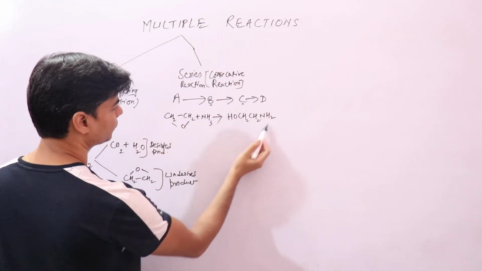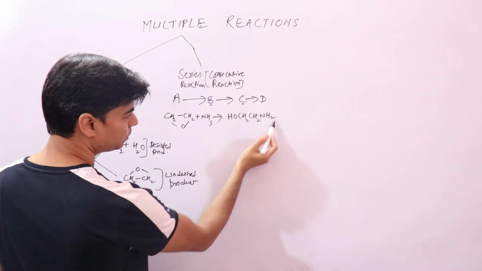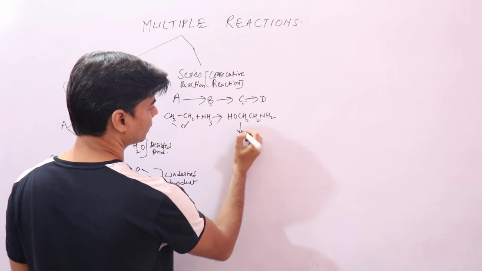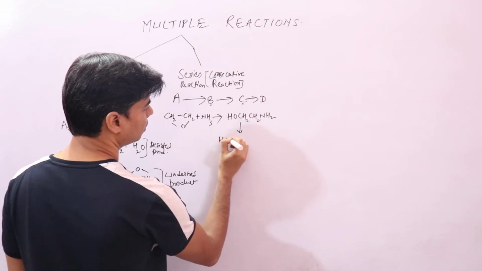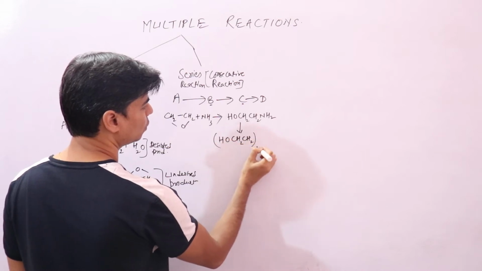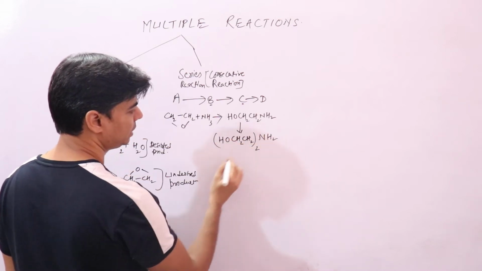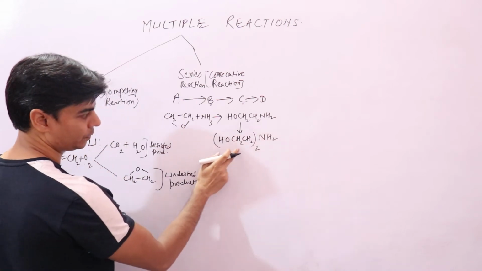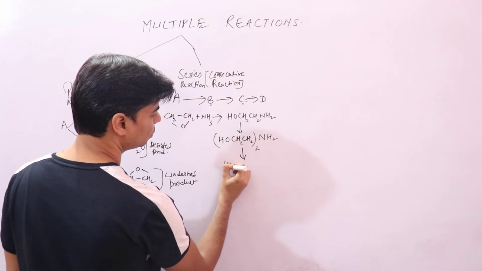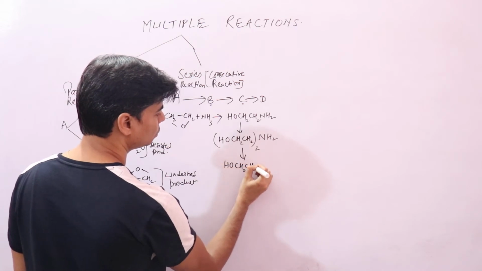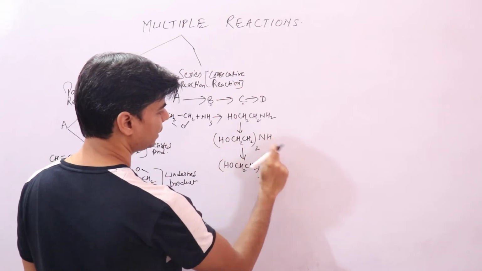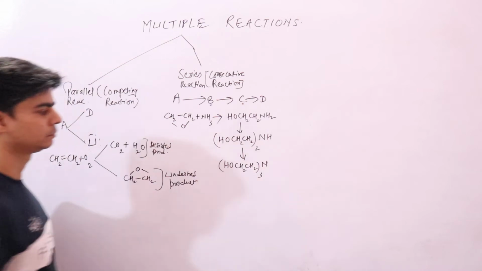Now this product will react with ethylene oxide again to form HO, CH2, CH2 whole twice NH, right? And now this product will again react with ethylene oxide to give you HO, CH2, CH2 whole thrice, this is your NH, I'm sorry, N, right?